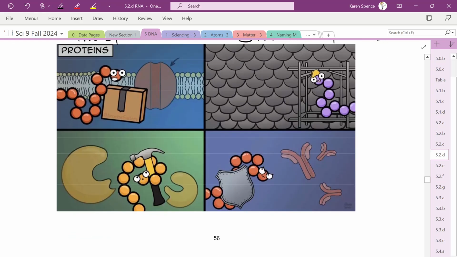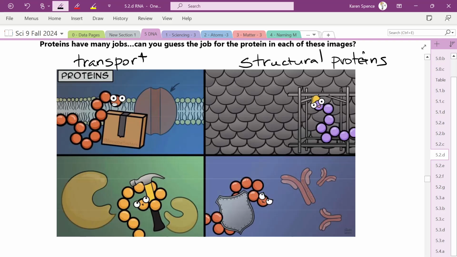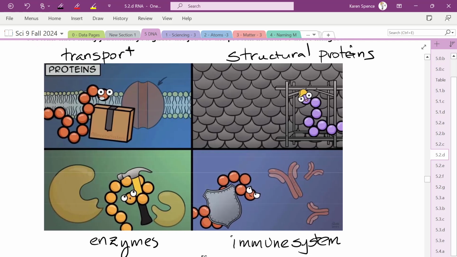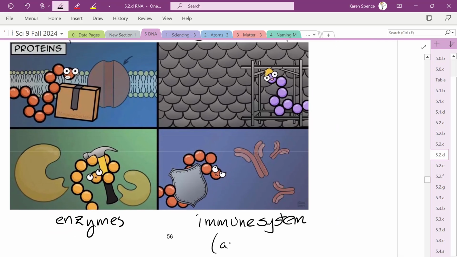We have enzymes. And we have the immune system proteins, antibodies.